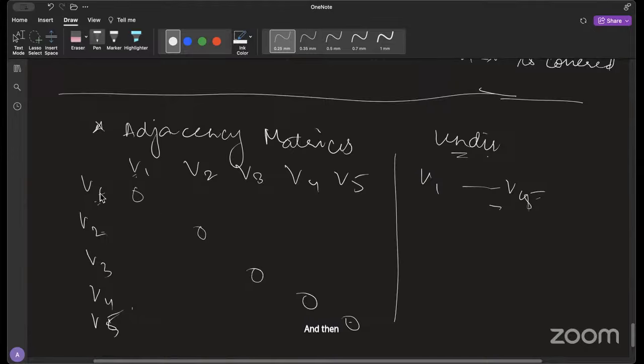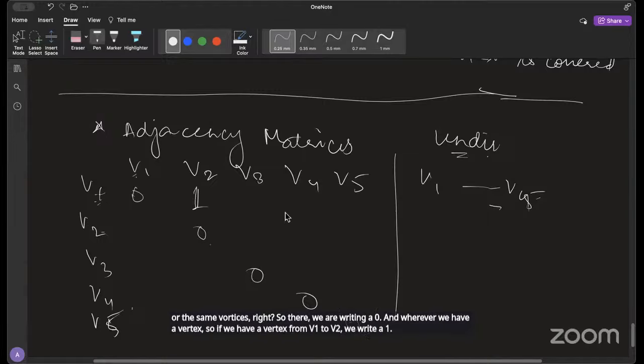On the diagonal, you just write 0, because we don't talk about V1 to V1. When we were looking at graphs, we didn't have a concept of an edge between the same vertices. And wherever we have an edge, so if we have an edge from V1 to V2, we write a 1, else we write a 0.